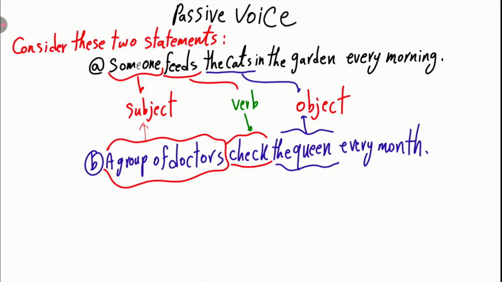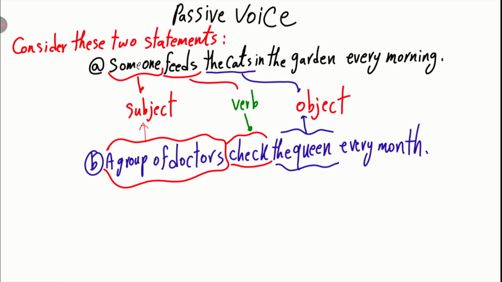Generally, these sentences are normal sentences and there is no problem about them. The most important point here is that the subject in the first sentence is unknown. We don't know the subject here. Someone. Who is someone? We don't know.